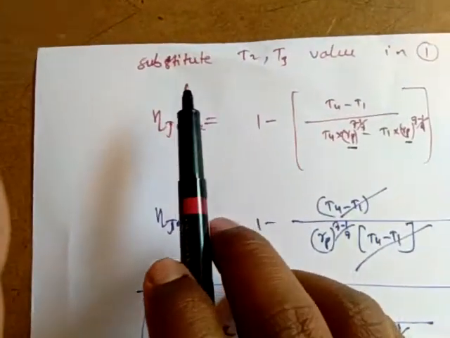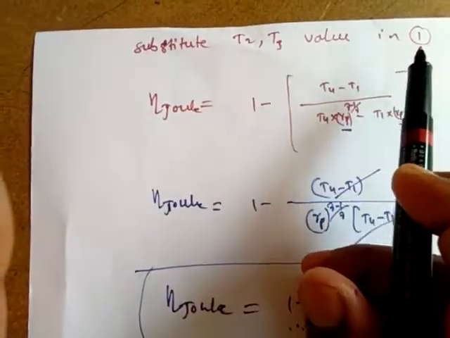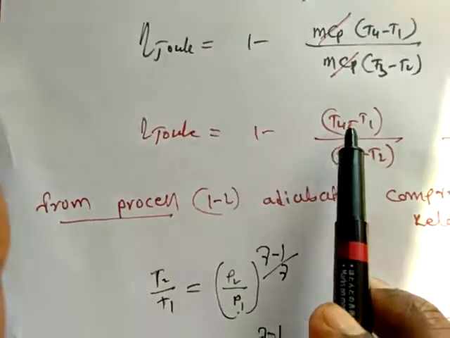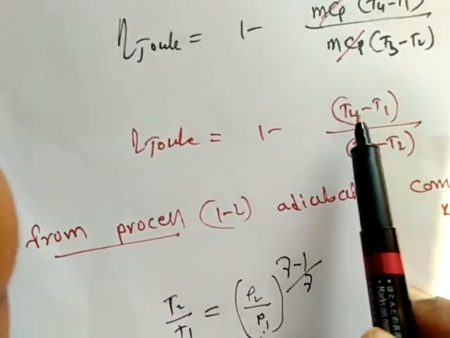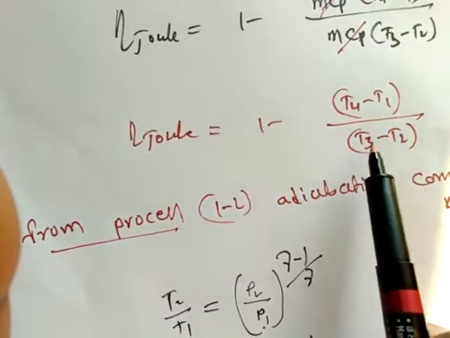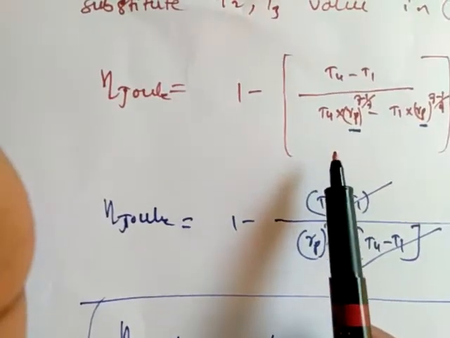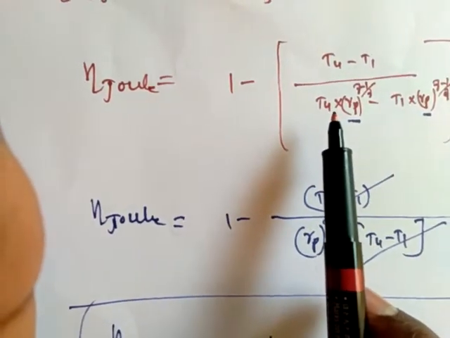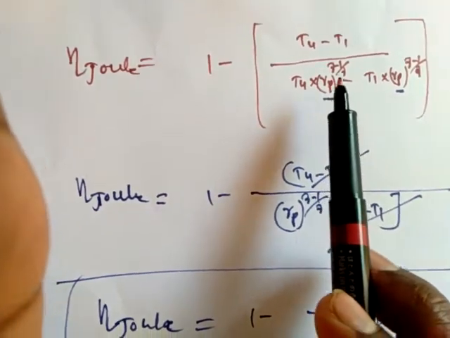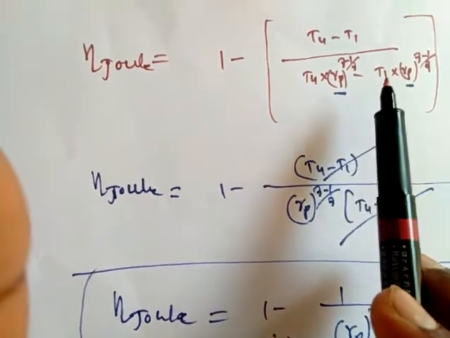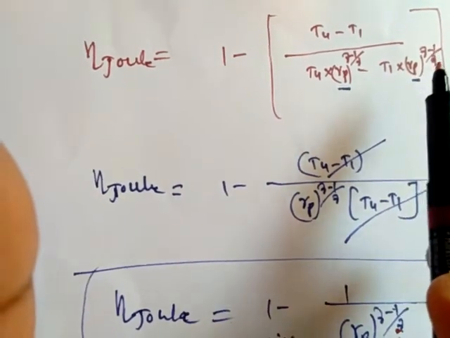Here substitute T2 and T3 values in equation number 1. What is equation number 1? This is equation number 1: (T4 minus T1) divided by (T3 minus T2). Substitute T3 and T2 values here, and you will get like this: T4 into Rp to the power of (gamma minus 1) by gamma minus T1 into Rp to the power of (gamma minus 1) by gamma.